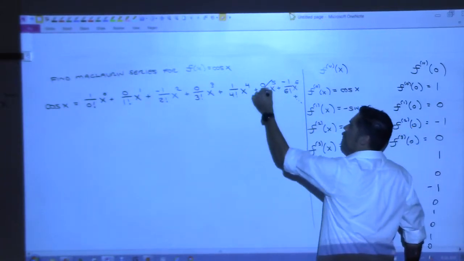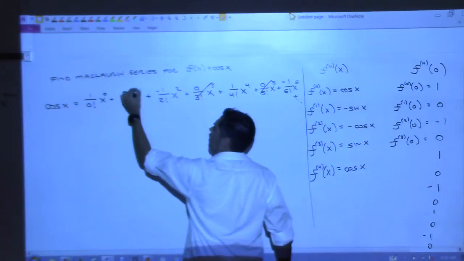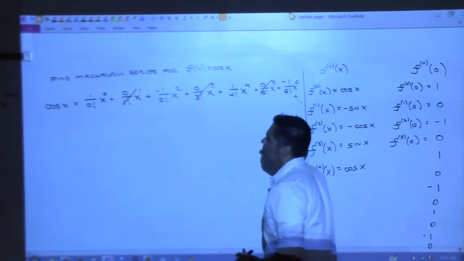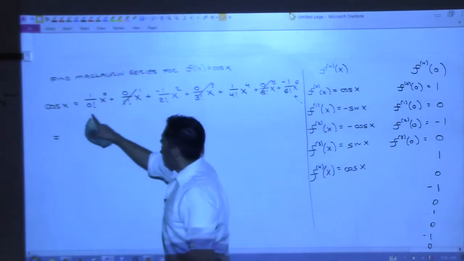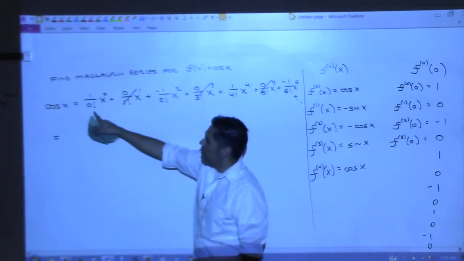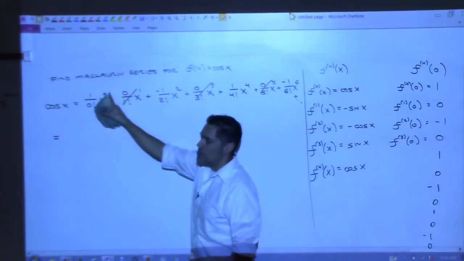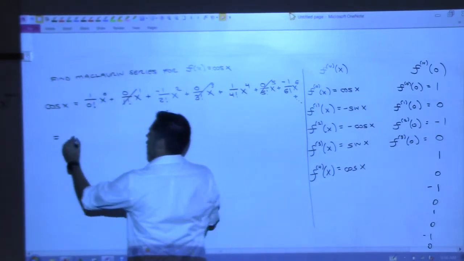Let's get rid of all the zeros, right? So this is equal to, what's this right here? 1 over 1, x to the 0 is 1. So this is just 1.